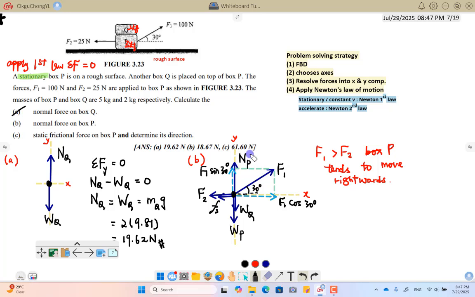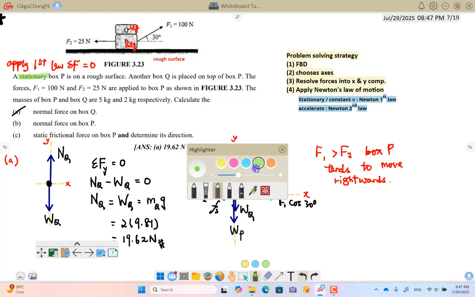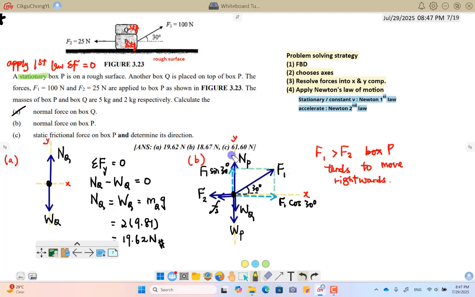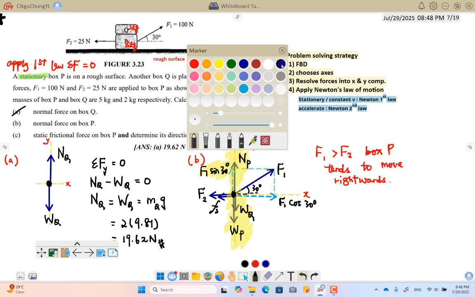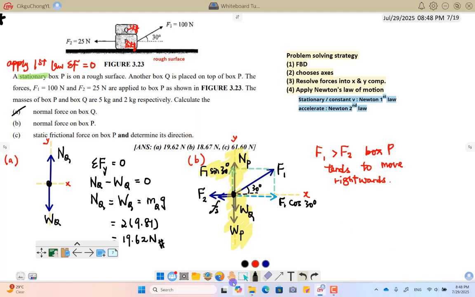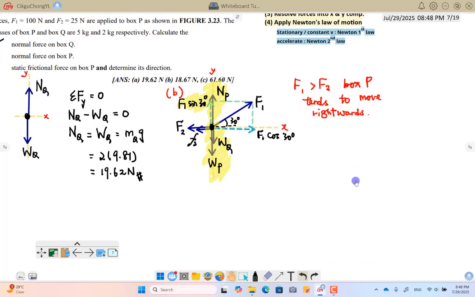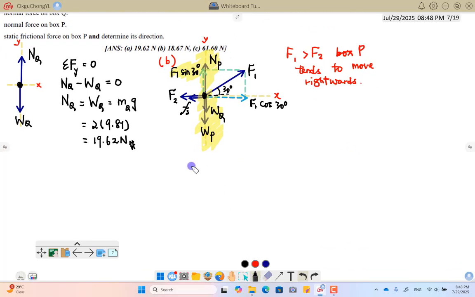To calculate the normal force acting on box P, I need to consider all the forces that lie along the y-axis. So I have the total force along the y-axis equal to 0.